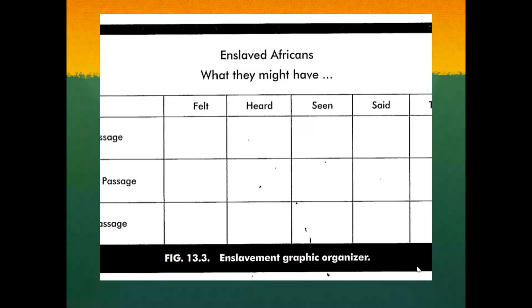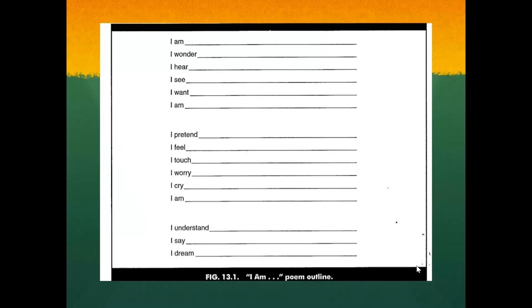Here's one of the graphic organizers that you could possibly use with your students. This is specifically about enslaved Africans, but the students are looking at the emotions and the sensory feelings and thoughts of what enslaved Africans might have felt or heard or seen. It humanizes that situation and gets the kids to understand it more; it becomes more real to them.